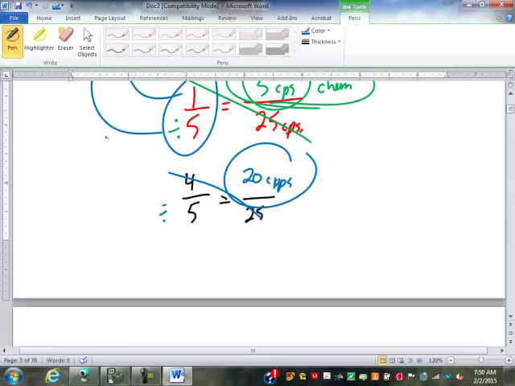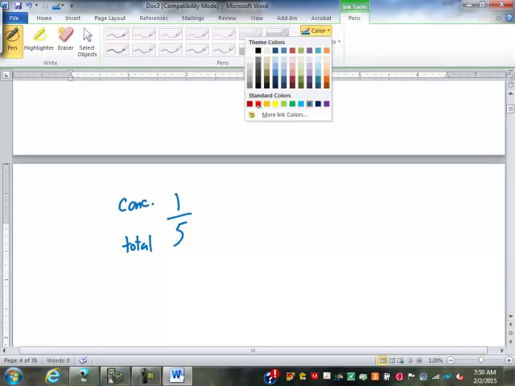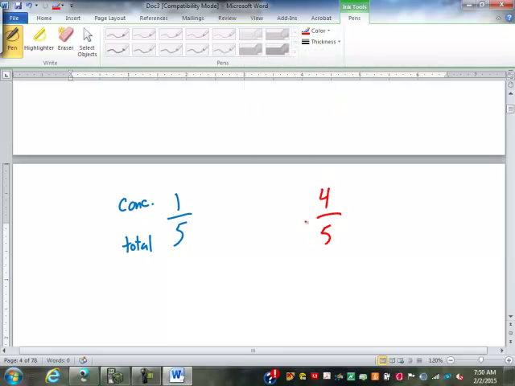Because in a 1 in 5 dilution, a 1 to 5 dilution, of course, you have the concentrate or the chemical here and the total. That would also give you a 4 to 5 of water to total, ratio of water to total. Or it could give you a 1 to 4. What's that ratio going to represent?